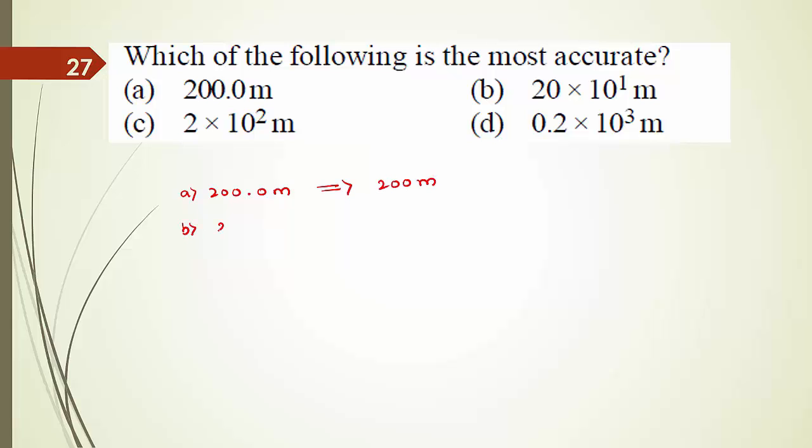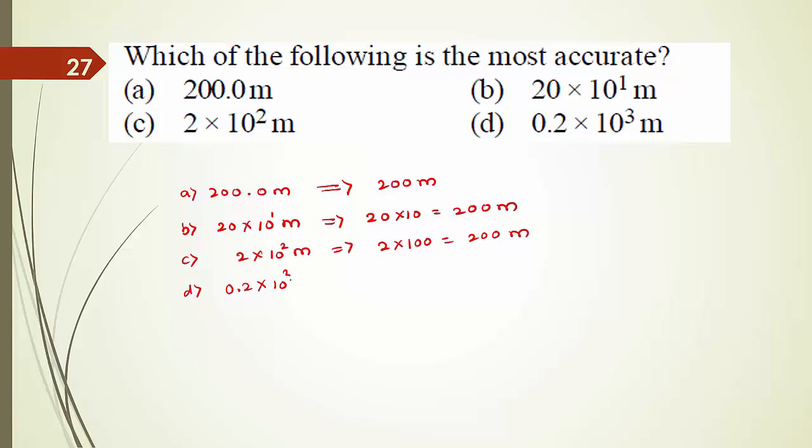Option B, 20 into 10 raised to 1, means 20 into 10, which gives again 200 meter. Option C, 2 into 10 raised to 2, means 2 into 100, again the same answer, 200 meter. Option D, 0.2 into 10 raised to 3, means 0.2 into 1000, again the same answer.